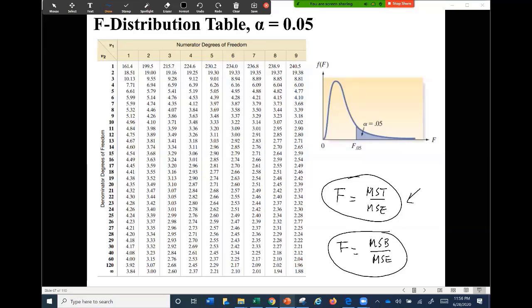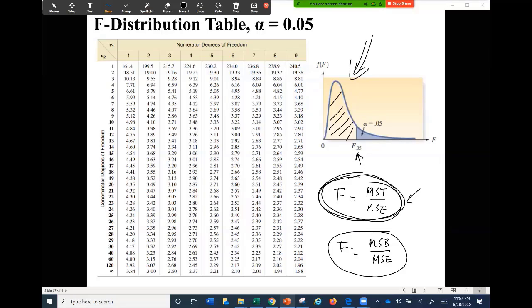Our expectation has this distribution. All possible quotients that we can obtain have this F distribution. We expect that 95% of all quotients are located in this area, and we need to find this critical value. How can we find this critical value using the table?